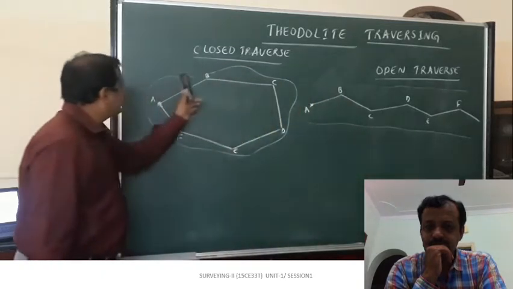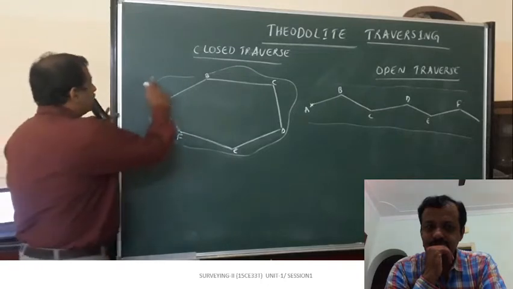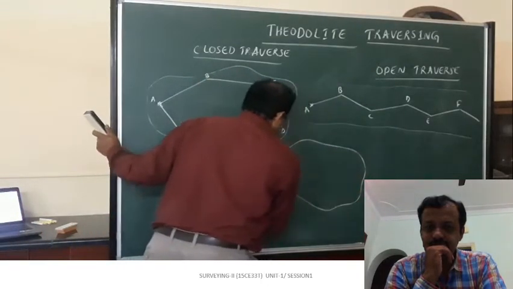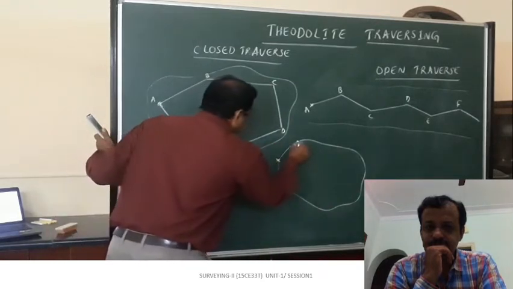Wherever you want to find the area of a particular boundary, suppose I need the area of this boundary. So this is a boundary I have. I want to get the area of this particular boundary. What will I do? I will take the control points like this.